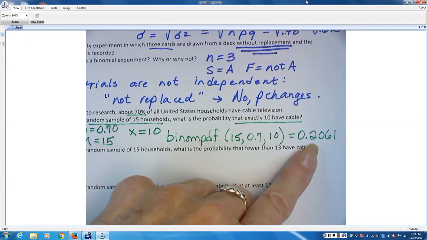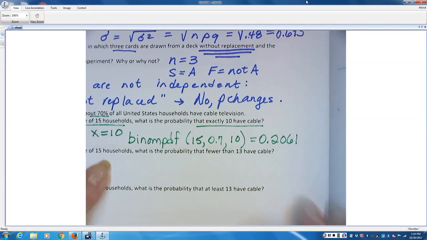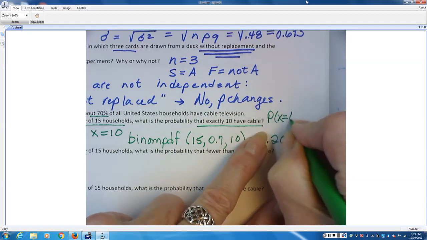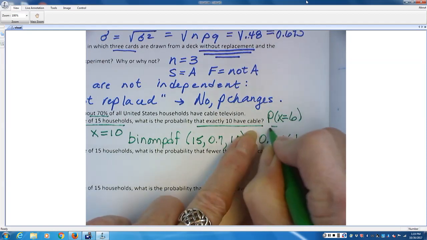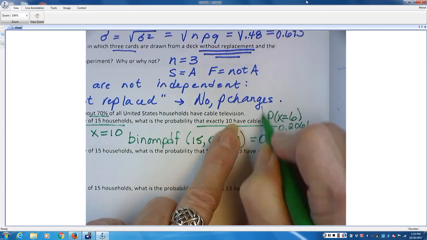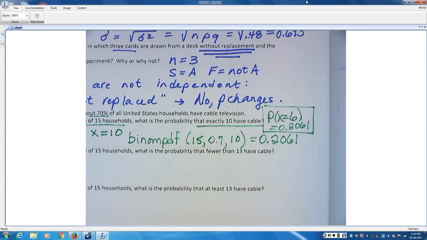Okay? Now the way to write that in correct probability notation is like that. The probability that X equals 6 is equal to 0.2061. Why is it X equals 6?